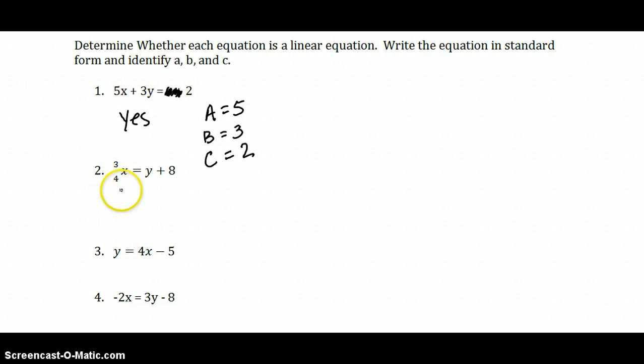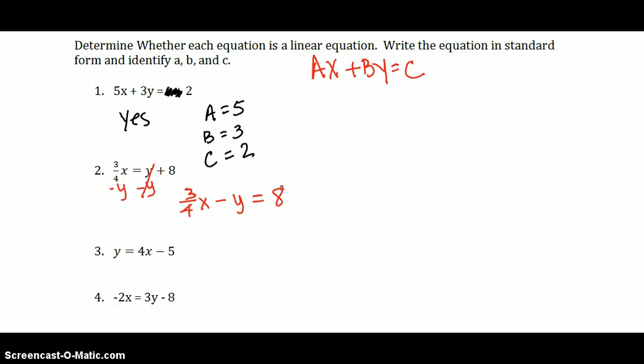Alright, now number 2, there's a fraction in front of x, and that's okay, it's still linear. What I have to do is rearrange this problem so that it looks like standard form. Now let's review: ax plus by equals c. This is standard form. So I don't have a problem with where x is. I need to bring y over to join x. So now I have 3/4 x minus y, because that's going to cancel, equals 8.